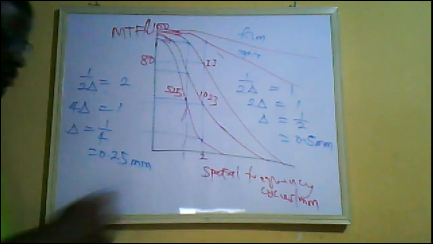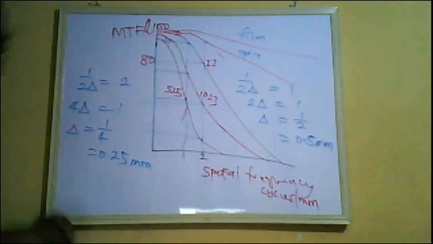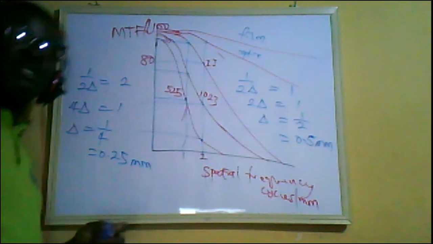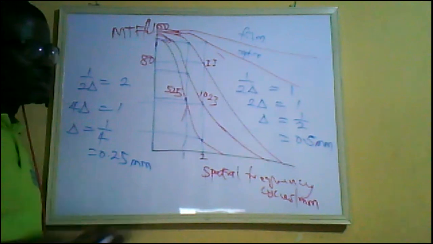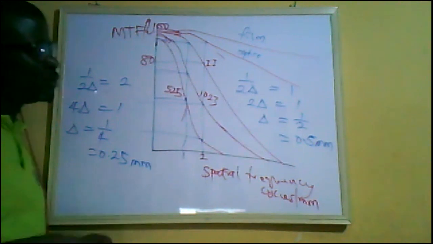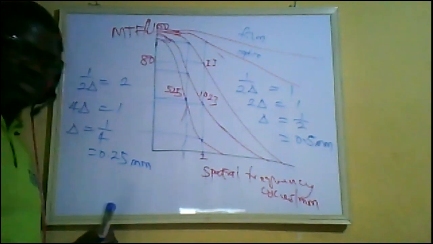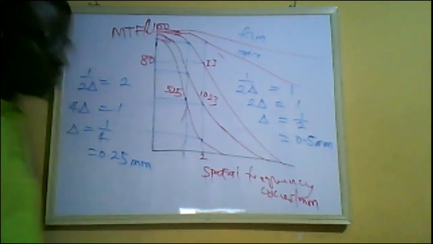A particular system has a fixed spatial resolution. It wouldn't generally increase, except maybe if you increase the matrix size, and so on and so forth.